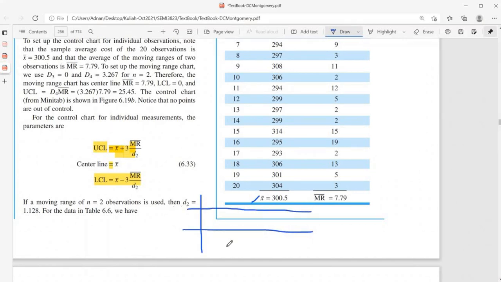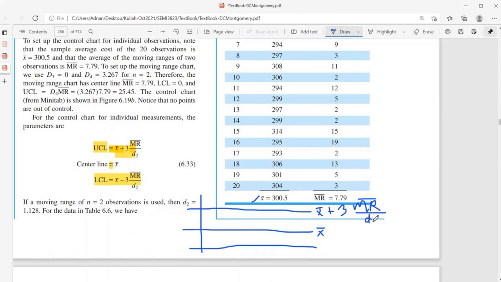Now this is X bar, not X double bar, because this is an individual control chart. So this will be X bar plus 3 sigma. The sigma here is given by the average of MR divided by D2.